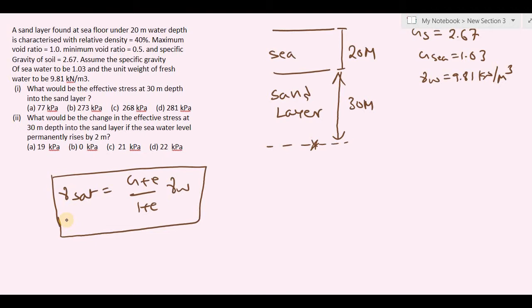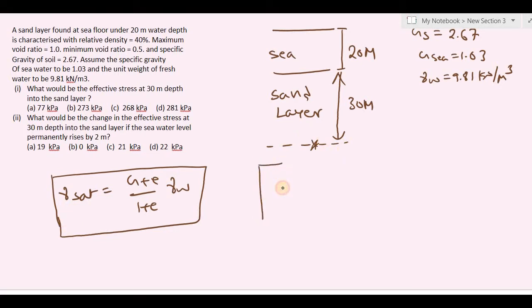It means that you have to change something in this expression, gamma sat equals (G plus E) by (1 plus E) into gamma W. What you have to change, I'll explain. You can remember it also, but I will tell you why, and then you can remember easily.